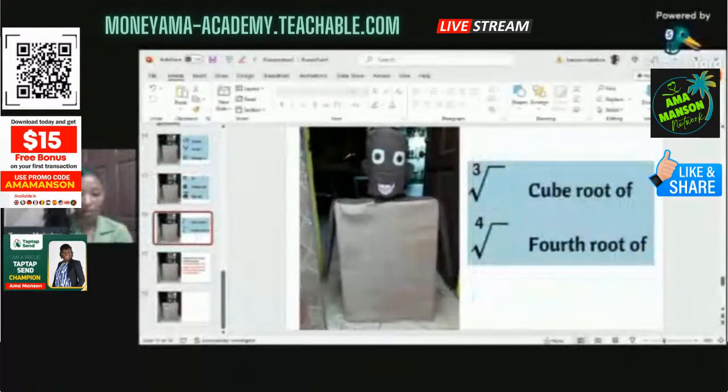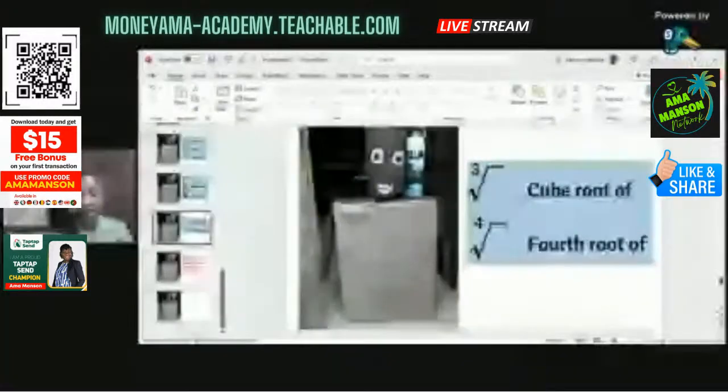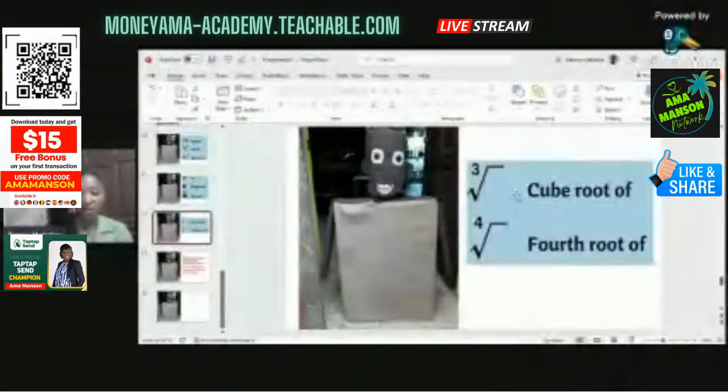All right, we're almost there. So what we have here now are roots. So we have the cube root, the fourth root, and you can actually have any number here: fifth root, sixth root, 10th root. The root is the opposite of squaring or cubing and so on.